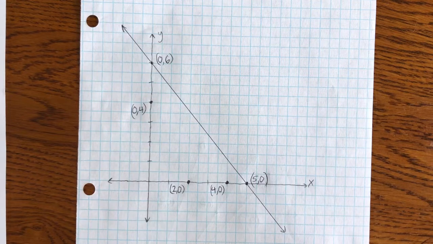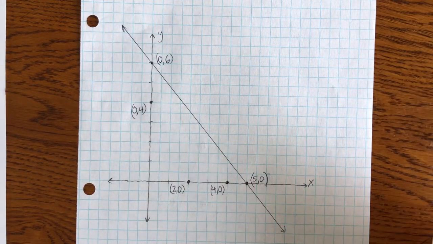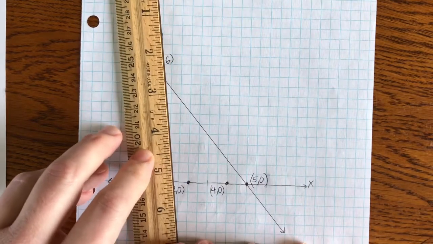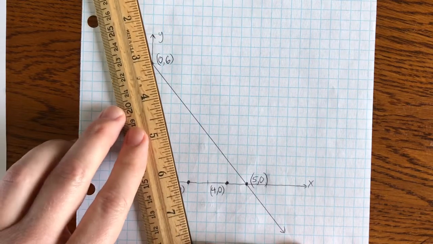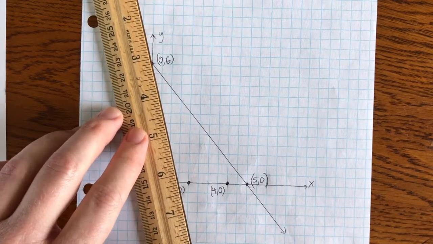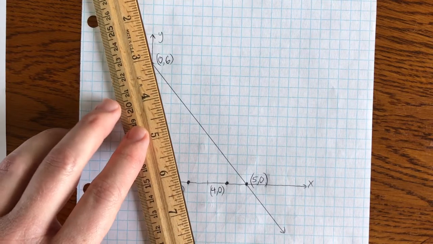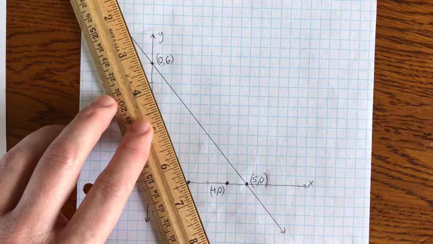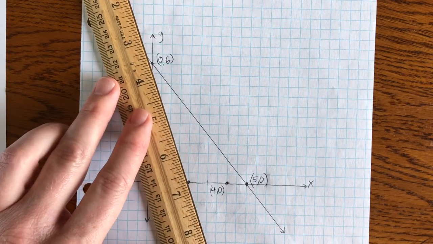Next one we're going to draw is, let's see, what was the next equation? 3x plus y. Okay. So those intercepts would be what? 0, 6 and 2, 0. So let's graph this line real quick.